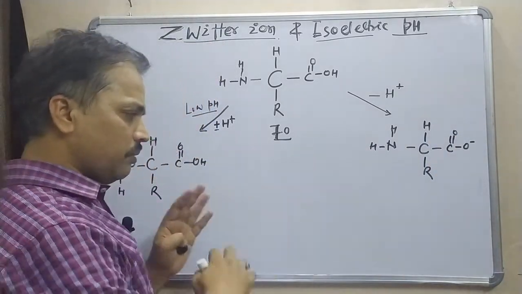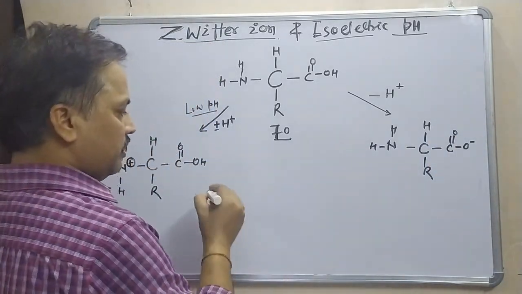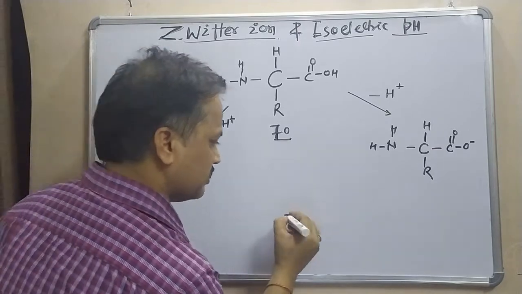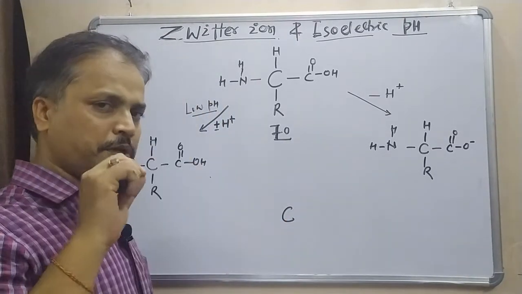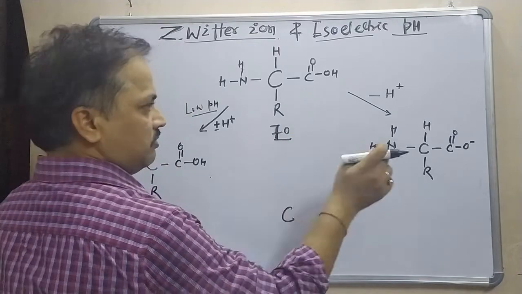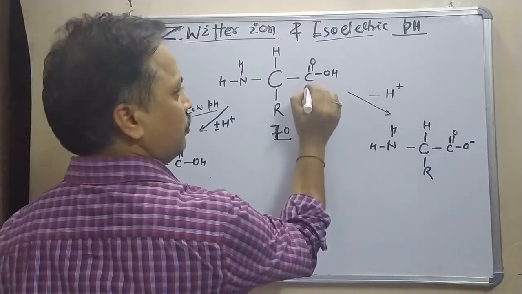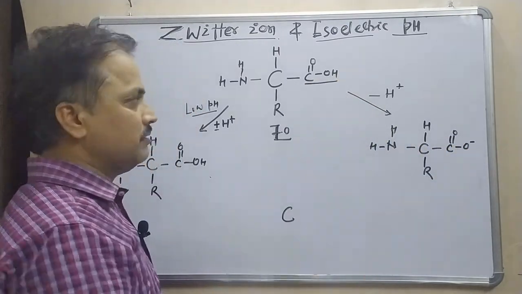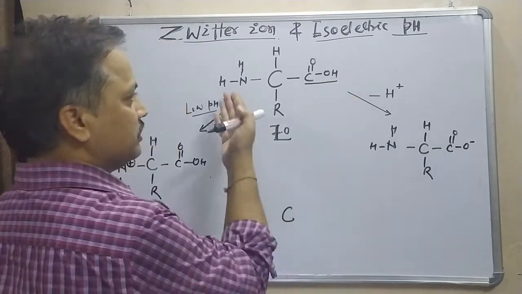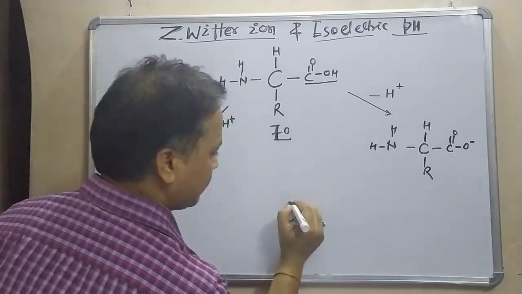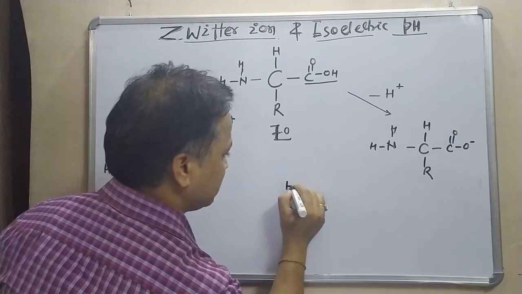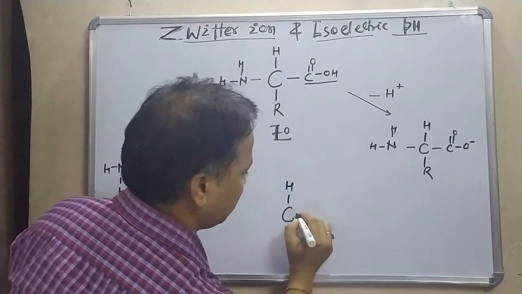But along the way there is a certain condition, at a specific pH, where both groups are charged: the amino group has an H plus ion and the acid group has lost its H plus. So the amino acid exists in this form.